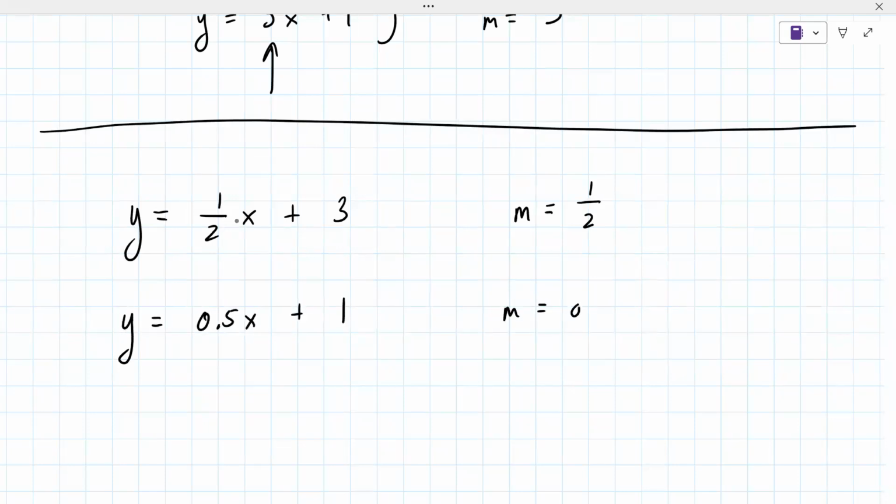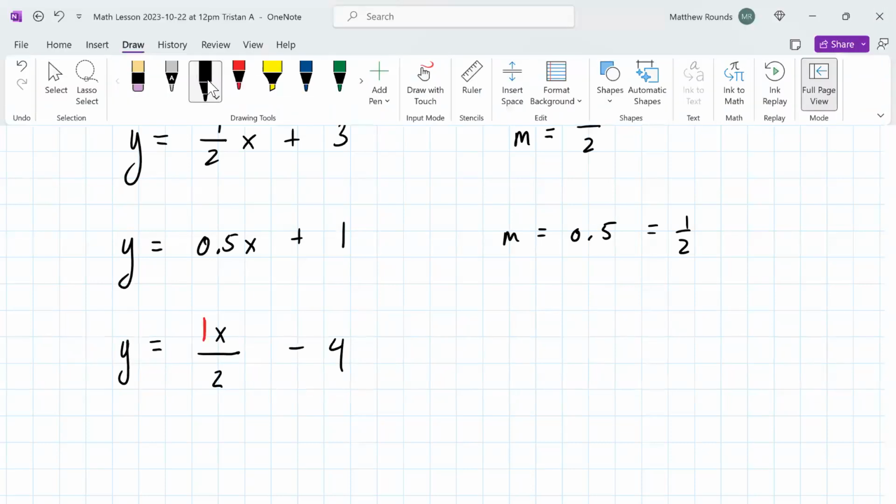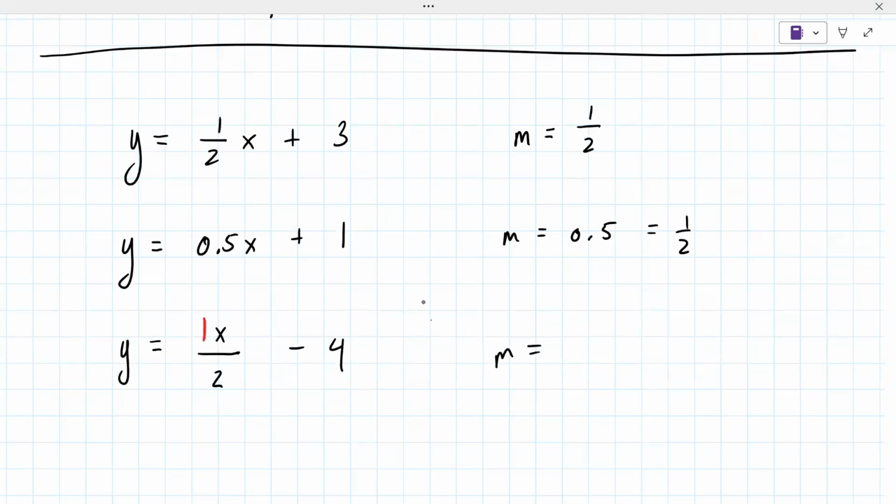The slope here is 0.5. It's the number in front of x, which also happens to be 1/2. It could also be written this way, x divided by 2, and really there's a 1 up here, as you know. The slope here is 1/2.